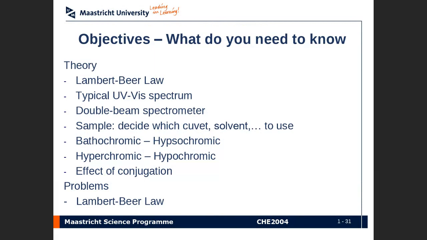You might have questions where you have to find the concentration for a specific absorbance, or find the ratio of incident versus transmitted radiation, etc. You need to really understand what a typical UV-Vis spectrum looks like, instrumentation, these important terms that we learned about, conjugation effects, and be able to decide what solvent you need to use for your specific sample. So that's the formal lecture on UV-Vis.